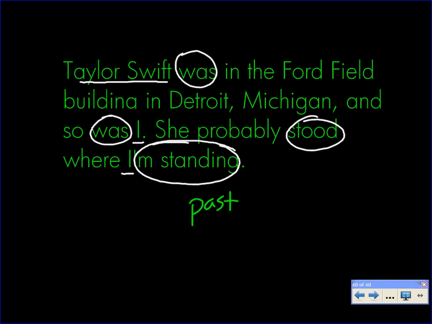We still have past. Joey, what about stood? Nope, stood is past also. Stand would be present. Gerard, what's the tense of the last verb, am standing? Yeah, it's present.